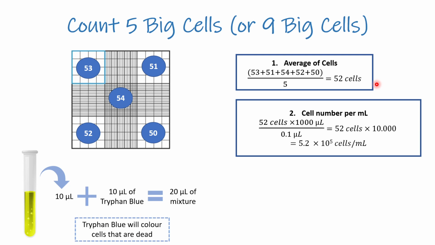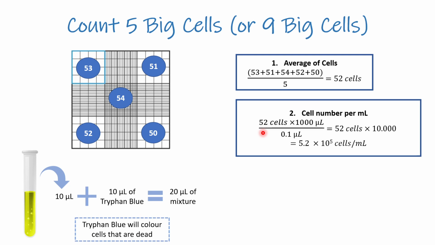Okay. The next step is to calculate the number of cells per milliliter of sample. Basically, we're calculating the concentration of cells within our sample per milliliter. Okay, so this is the formula. From the average number of cells, we multiply that number by 1 milliliter and divide it by 0.1 microliter.